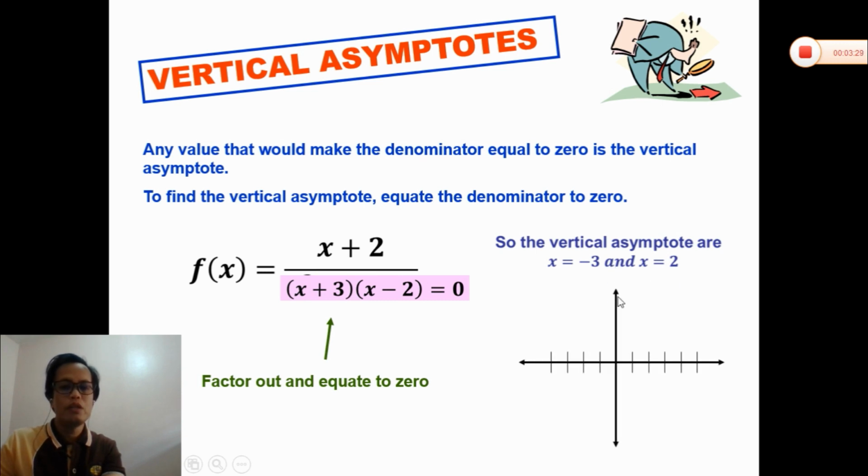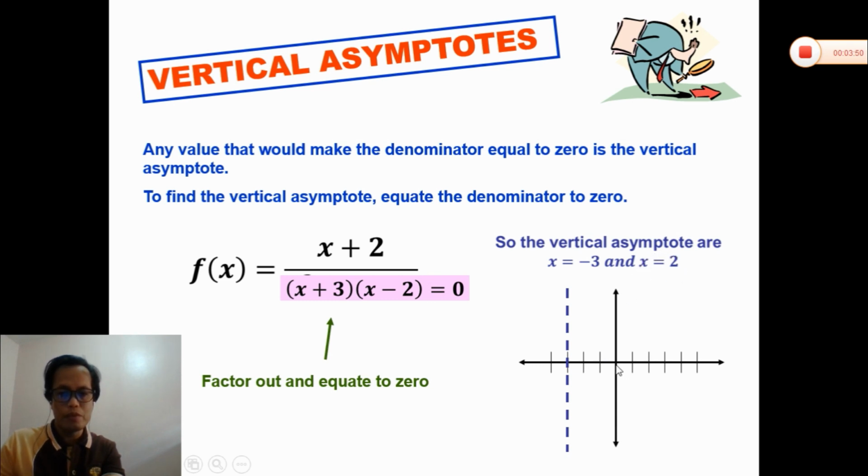If we are going to illustrate this in the rectangular coordinate plane, we will have x equals negative 3. This is from 0, negative 1, negative 2, and negative 3. So this is our first vertical asymptote. And the second vertical asymptote is x equals positive 2.